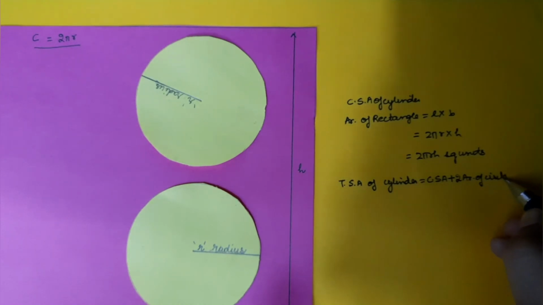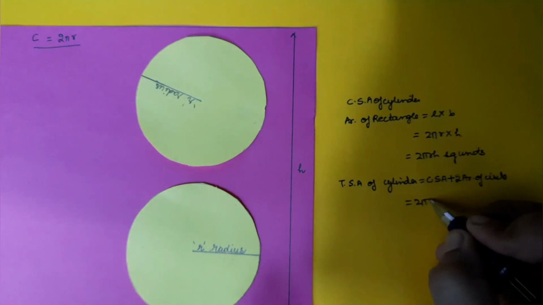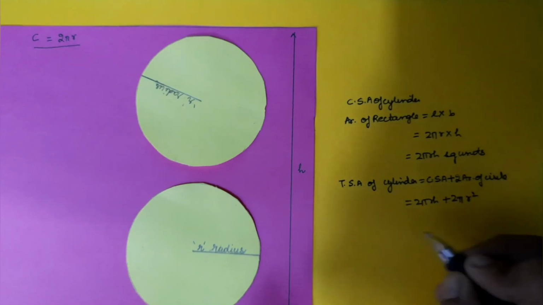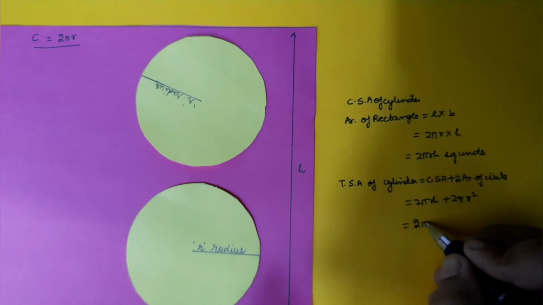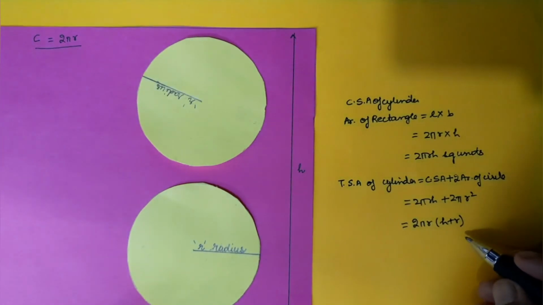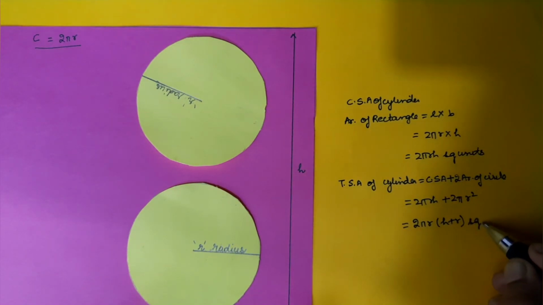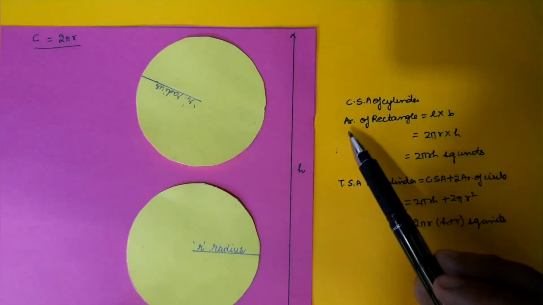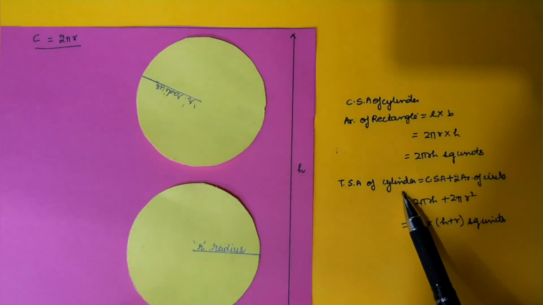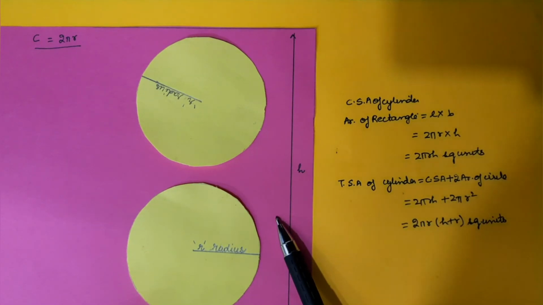It comes out to be 2 pi rh plus 2 into the area of circle, which is pi r square. So we take 2 pi r common, and it comes out to be h plus r. So 2 pi r into h plus r square units. So here we have actually calculated the curved surface area of cylinder and the total surface area of cylinder by using a net of cylinder.